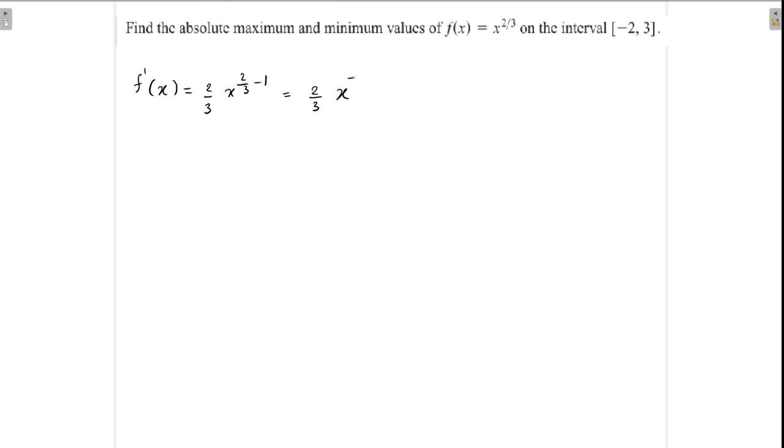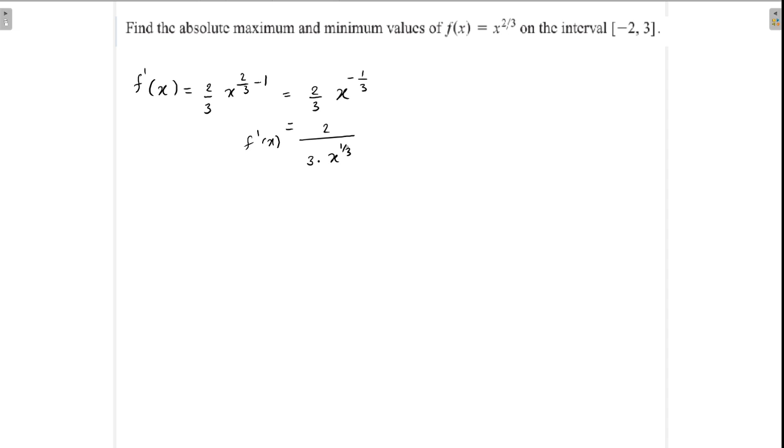That is minus 1 on 3. So this is equal to 2 divided by 3 times x to the power 1 on 3, in the denominator. This is the f dash x.